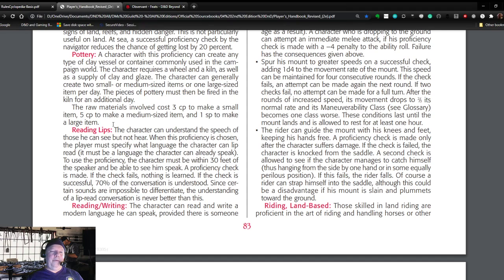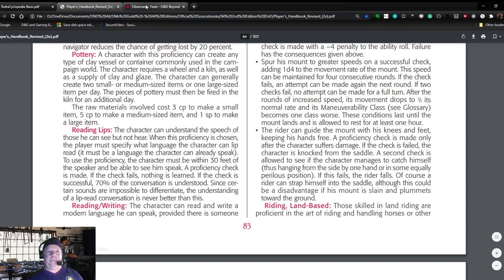A character must be within 30 feet of the speaker and able to see him speak. A proficiency check is made. If the check fails, nothing is learned. If the check is successful, 70% of the conversation is understood, since certain sounds are impossible to differentiate. The understanding of a lip read conversation is never better than this.